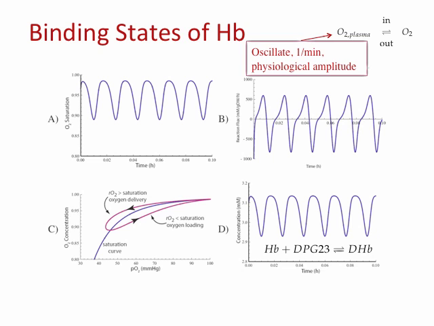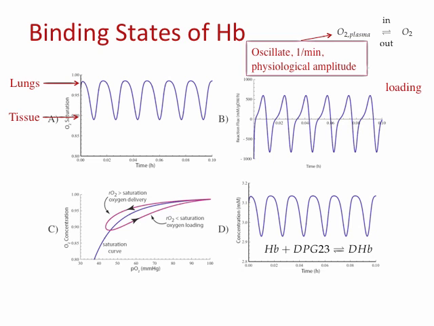Panel A here shows how oxygen is saturated with hemoglobin going through the cycle. It's very high in the lungs, which is the top of that oscillation, and low in the tissues when oxygen has been released.